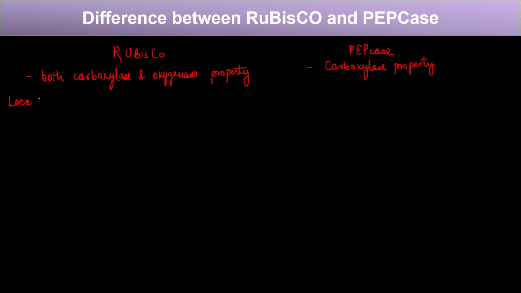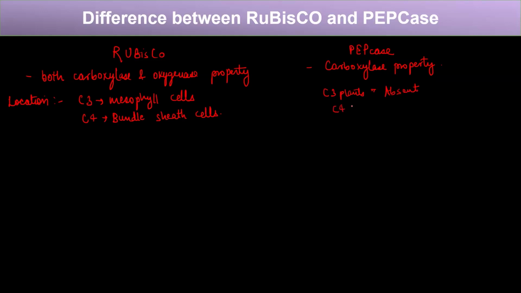Now, location. In C3 plants, Rubisco is located in the mesophyll cells, while in C4 plants, it is located in bundle sheath cells. But in the case of PEPcase, in C3 plants it is absent; we do not have any PEPcase.